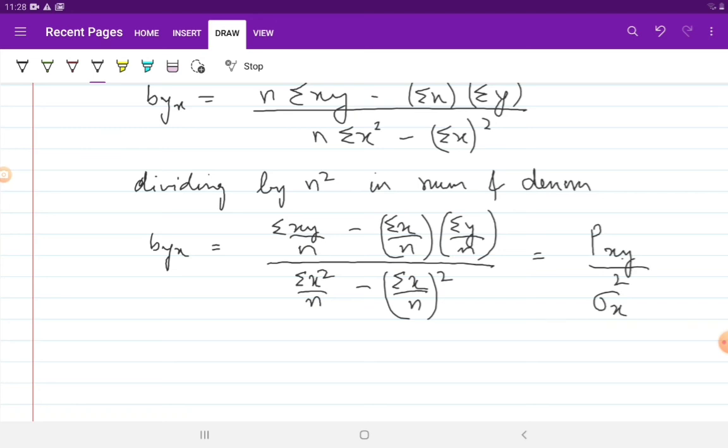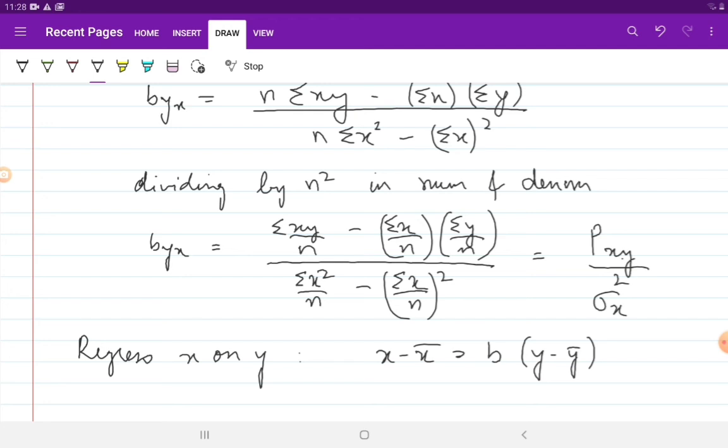Okay, by similar logic, if you are regressing x on y, you can represent your regression equation as x minus x bar is equal to b times y minus y bar, where b here would be b dash, right?